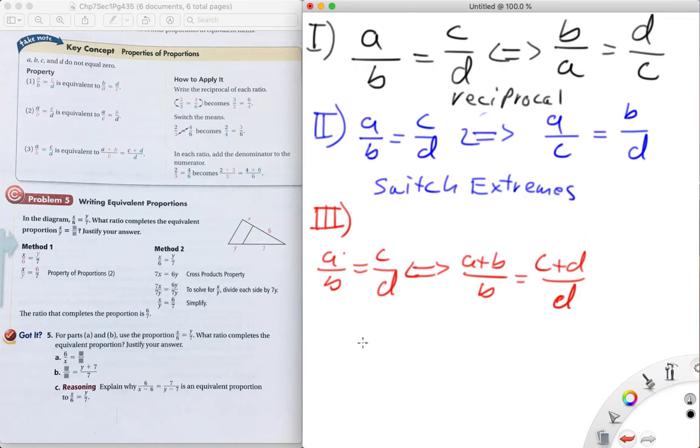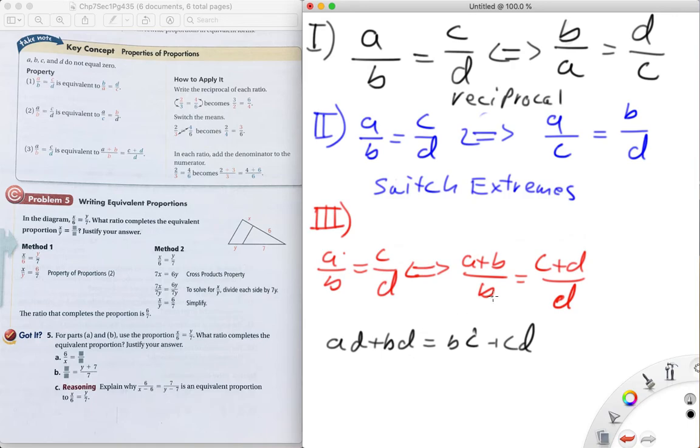One way to check that out to prove it, you could cross multiply, and that would be AD plus BD is equal to CB plus CD.